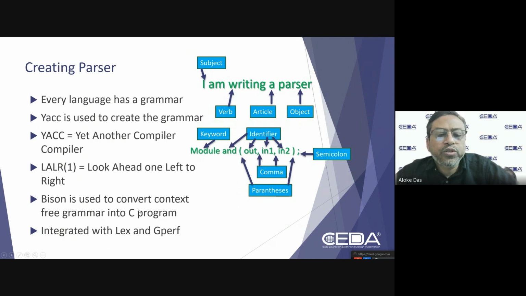Bison is used to convert context-free grammar into a C program. I also don't know what context-free grammar is, and that is again a very deep topic in computer science. We'll not get into that. Yacc should be integrated with Lex and gperf, and we'll show this when we do hands-on work. Any questions so far?